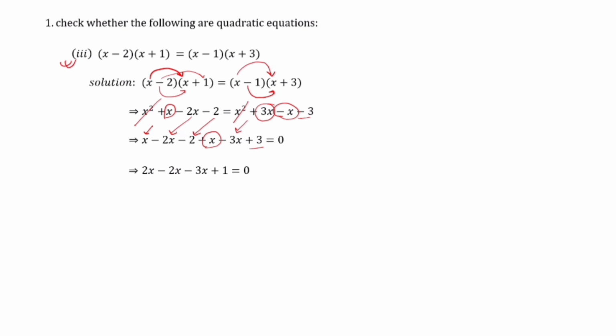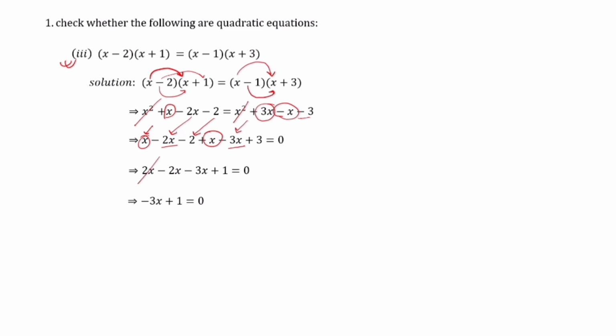So this 2x will remain as it is, so this 3x also remains, so minus 2x with plus 3x will give me plus 1.